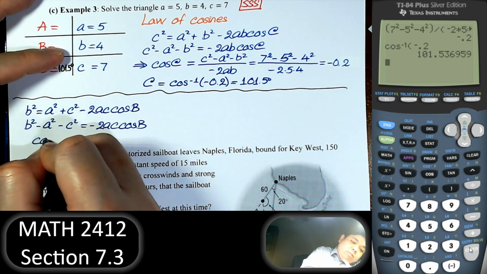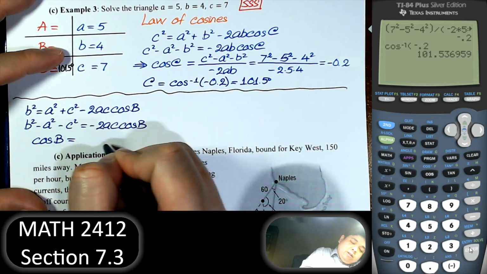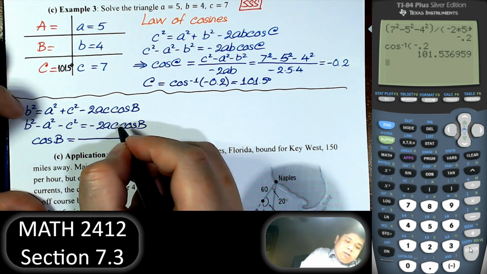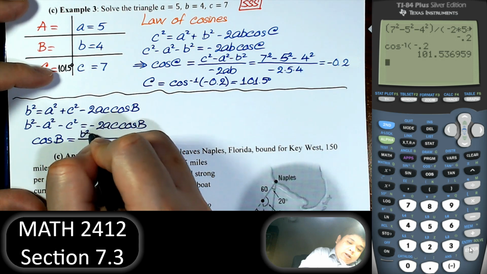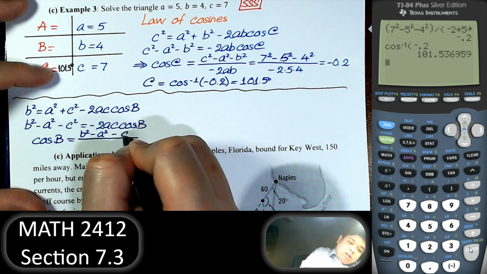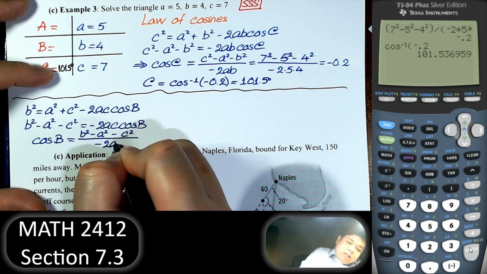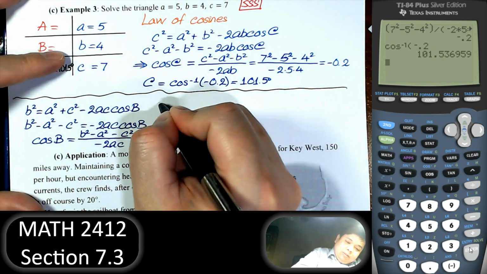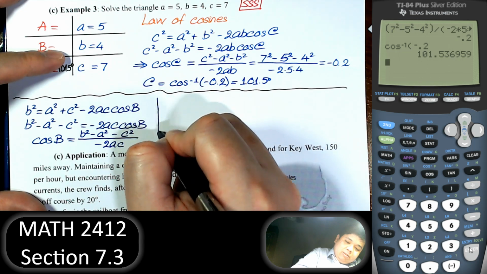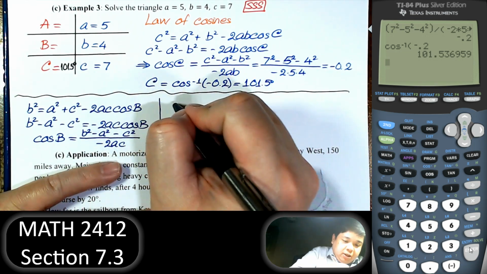So we have cosine of B... squared minus a squared minus c squared for negative 2ac. Let's continue over here.